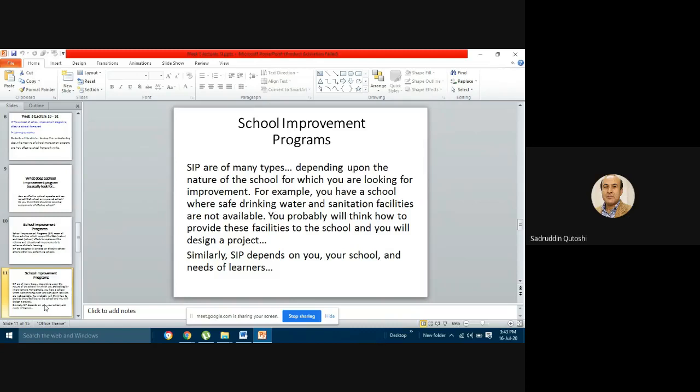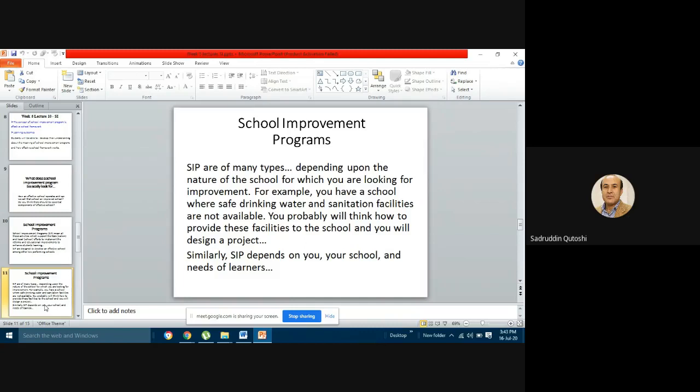Now, similarly, a school improvement program depends on you, your school, and the needs of the learners. As I talked about earlier, school improvement programs are of different types. Their nature is different. Their necessity is different from school to school, learner to learner, teacher to teacher, and among all the communities which have these school systems.